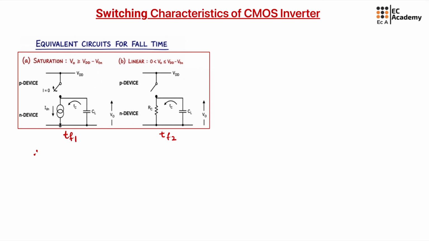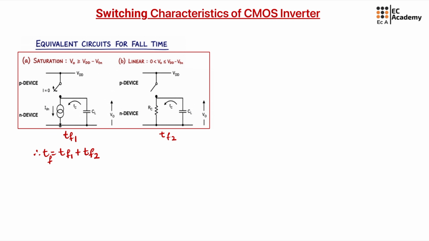Therefore, total fall time will be equal to TF1 plus TF2. Now, let us derive the equation for TF1, then we will derive for TF2, and we'll add these two values to get the total fall time, which is TF. Here TF1 is the time spent in saturation region, TF2 is the time spent in linear region.